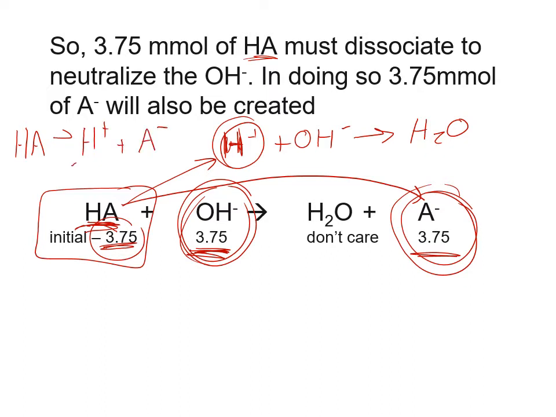So if 3.75 of these have to be made, 3.75 of the anions also get made. So we're going to have 3.75 millimoles of those anions floating around, plus whatever's left over of our weak acid.